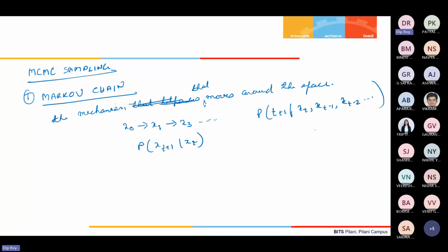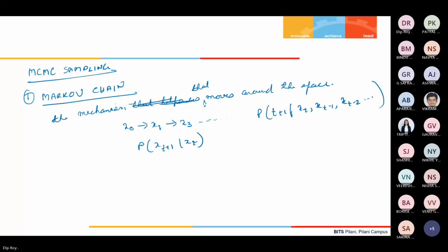The Markov chain says that the next state depends on the current state. So the memory is just one state prior. This is a first-order Markov chain, and there are second- and third-order Markov chains as well, but when we say Markov chain, we typically mean first-order.